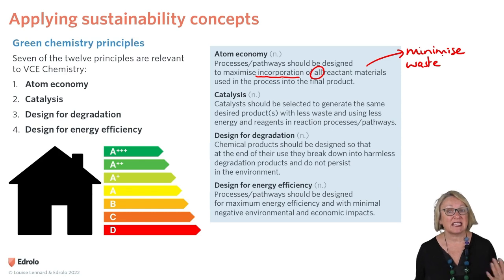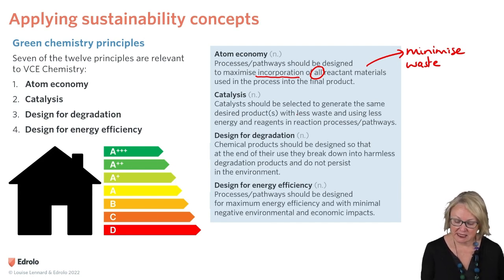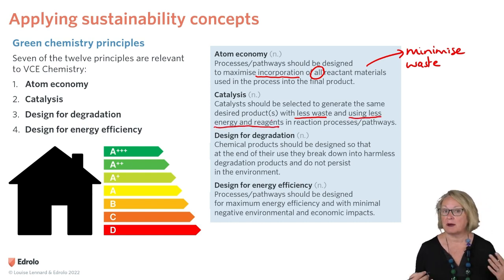Catalysis is where catalysts are used to speed up the rate of a reaction to get a desired product with less waste and using less energy and reactants or reagents in the pathways. So an example is a catalytic converter in an automobile that breaks down toxic gases after combustion of a fuel.